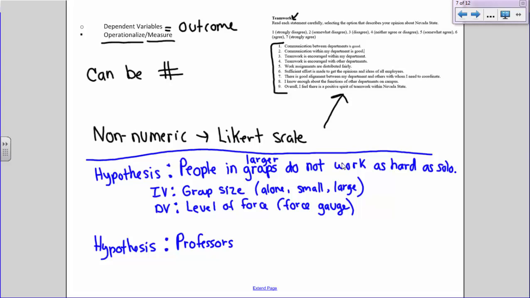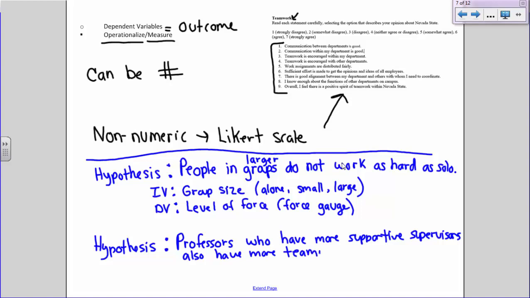Professors who have more supportive supervisors also have more teamwork. Okay?